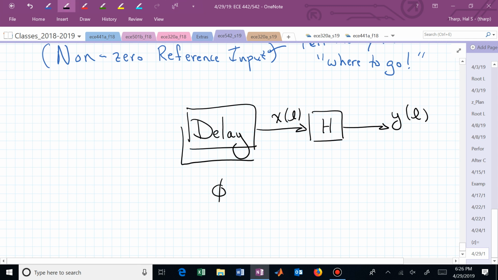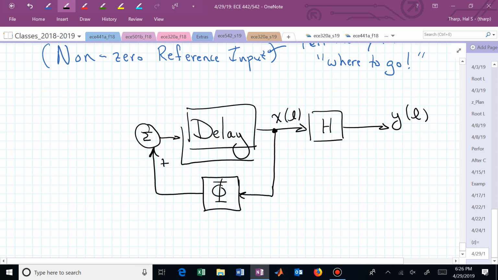We have the open loop system dynamics given by phi. I'm going to run out of space, so let me put the summing junction a little closer to the delay.